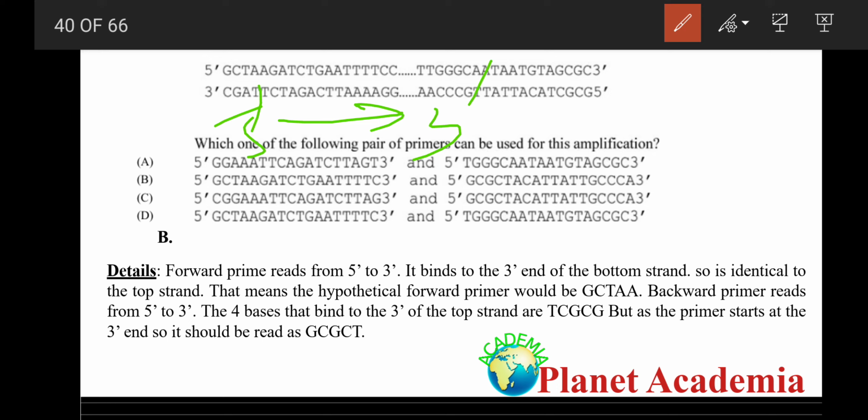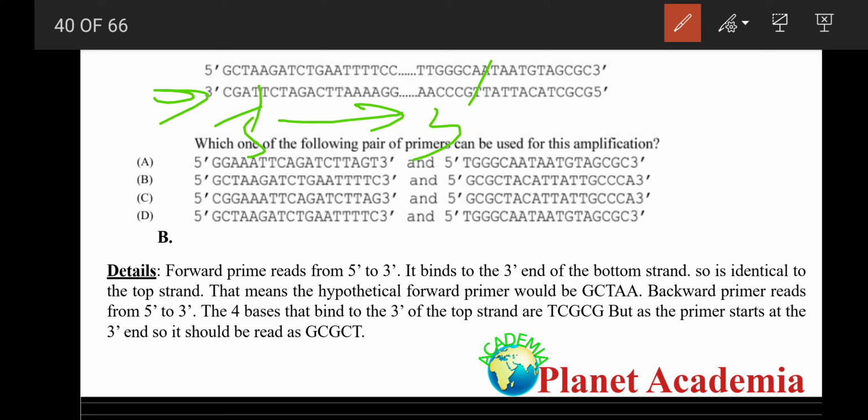So if the direction of the new strand is 5' to 3', then the old strand is 3' to 5', right? So if you just remember this, then see where the 3' to 5' strand is. This one.